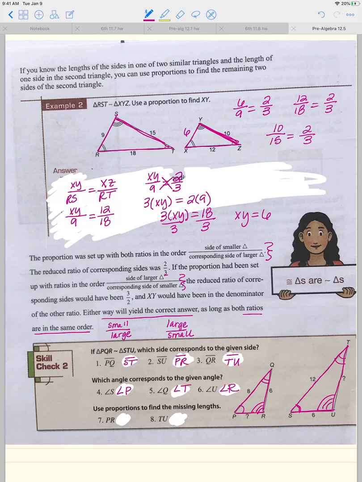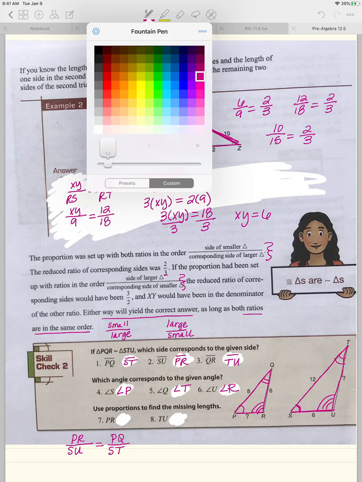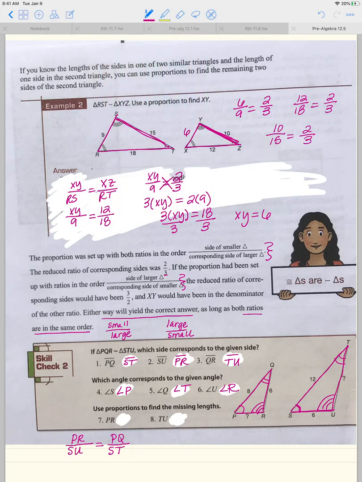Use proportions to find the missing lengths. So find PR. PR is to SU as PQ is to ST. Notice I did smaller over larger is equal to smaller over larger.